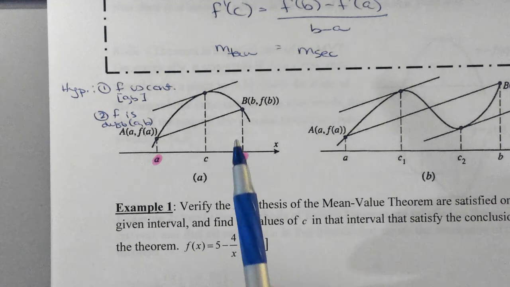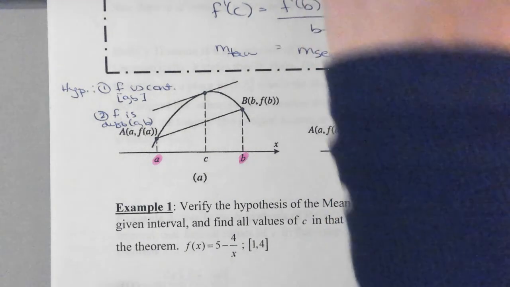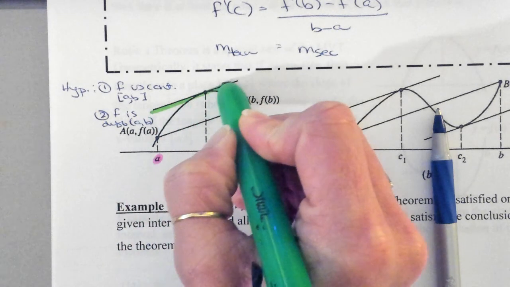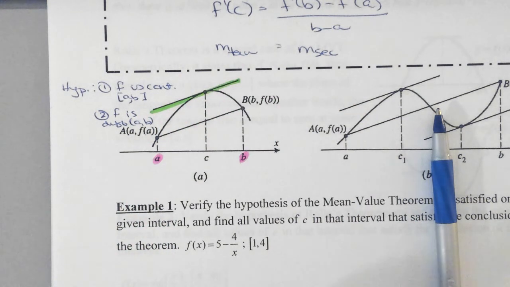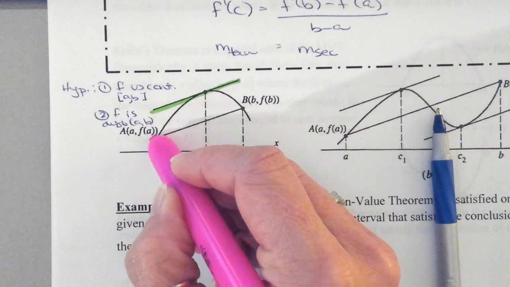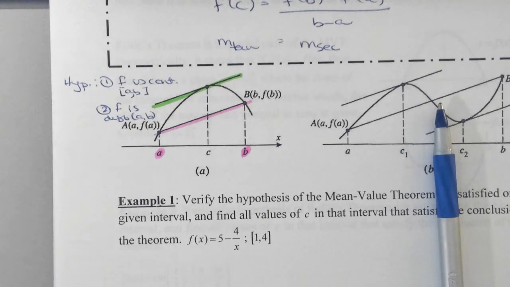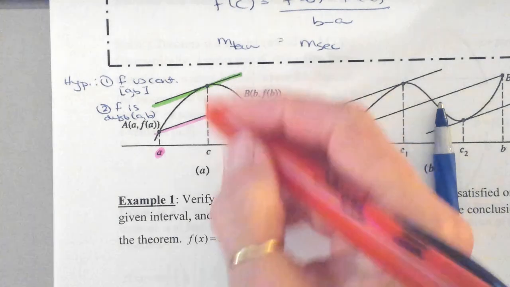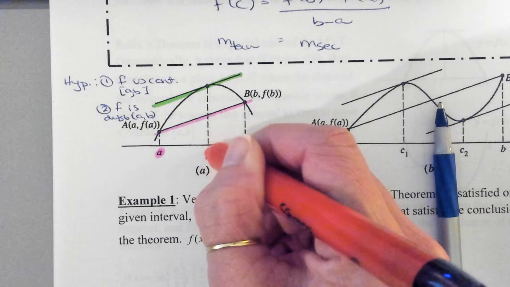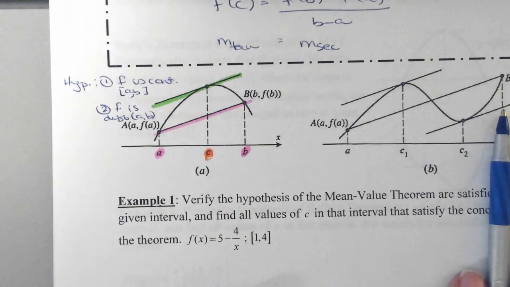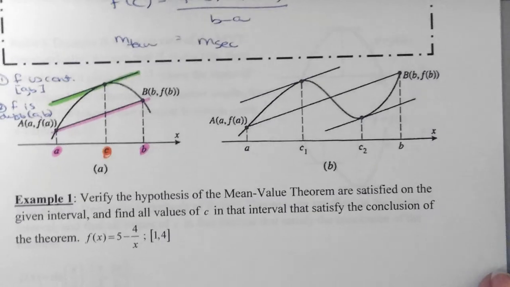So what they're saying is you have the slope of the tangent line, which would be here, and the slope of the secant line, which cuts through a curve. What they're saying is there is some point C on this graph where those slopes are equal. And here is your point C. So in this case, there's only one. But based on the theorem, they're saying that there could be multiple.